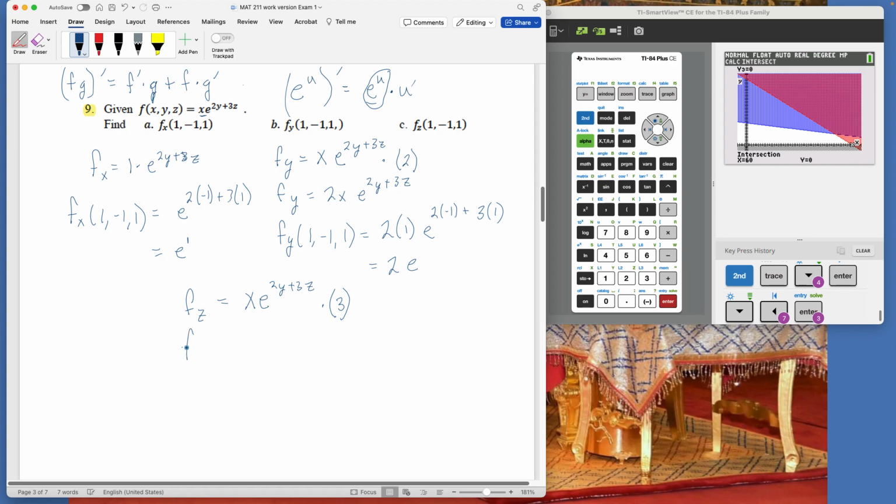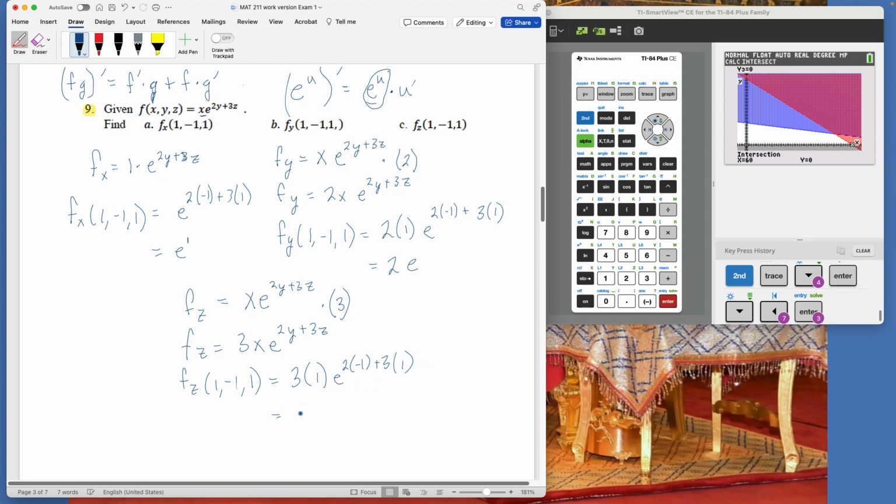So that gives us f sub z equals 3x e to the 2y plus 3z, and we can plug in the point. That gives us 3 times 1 e to the 2 times negative 1 plus 3 times positive 1.